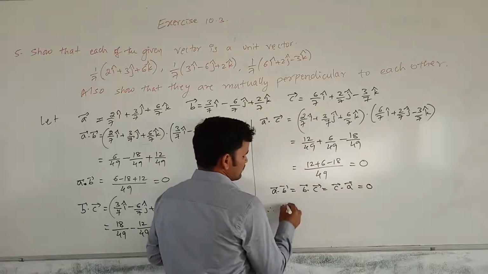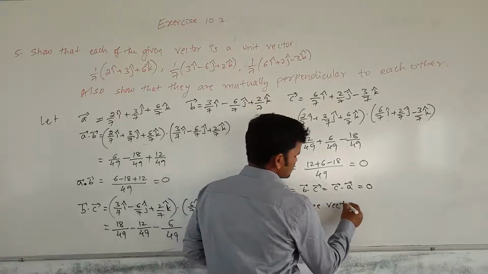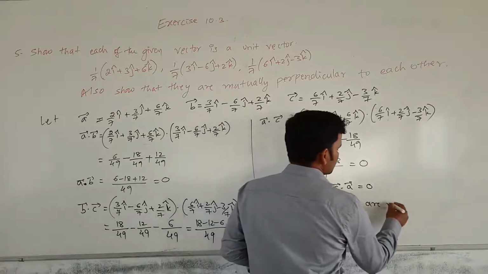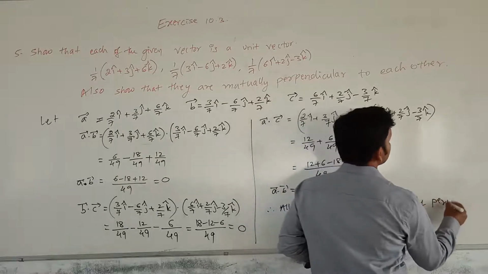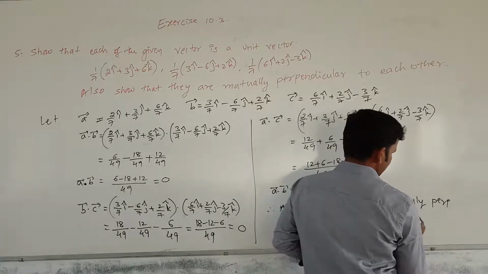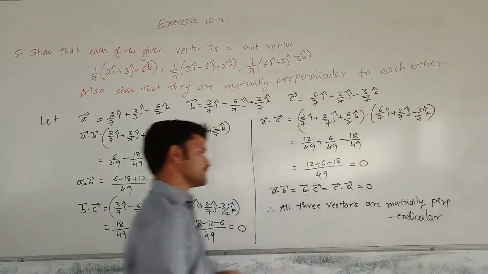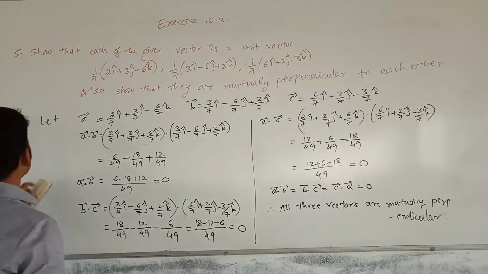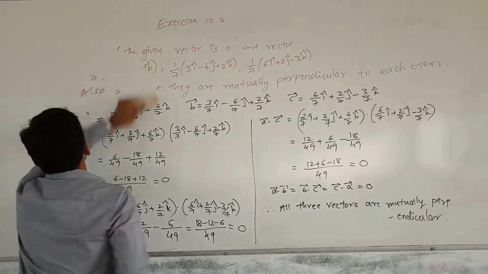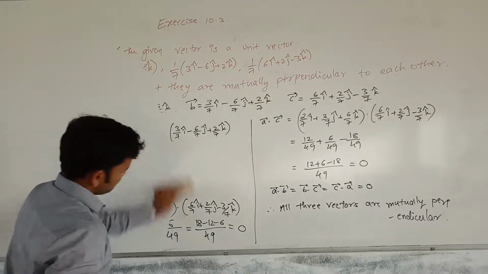Therefore, all three vectors are mutually perpendicular to each other. All three vectors are mutually perpendicular. This is about question number 5 in the exercise 10.3.